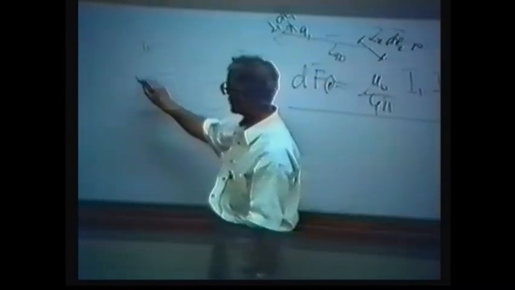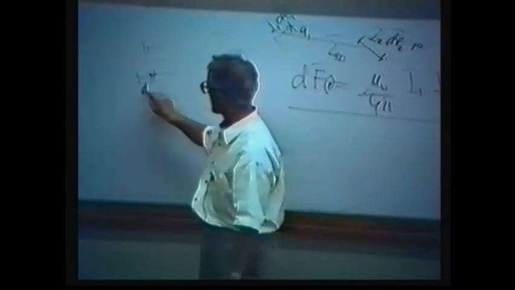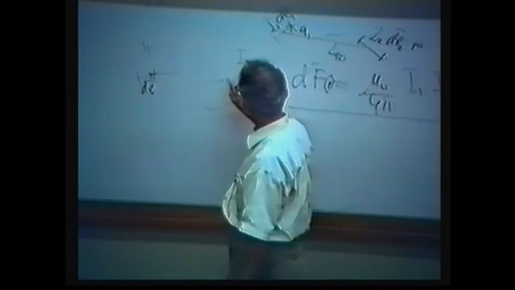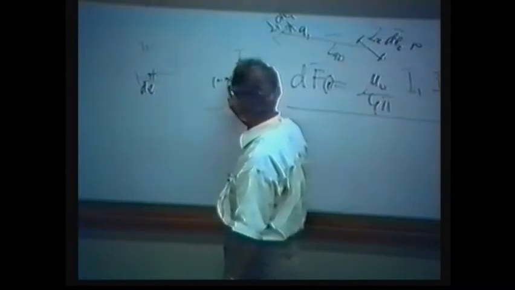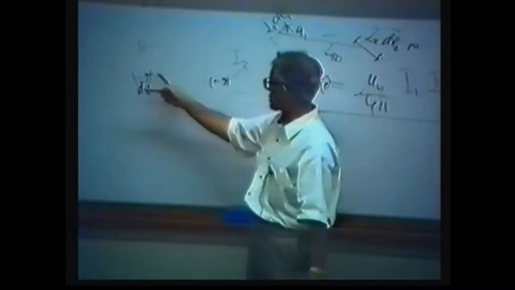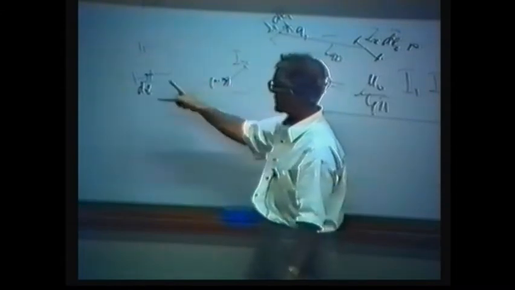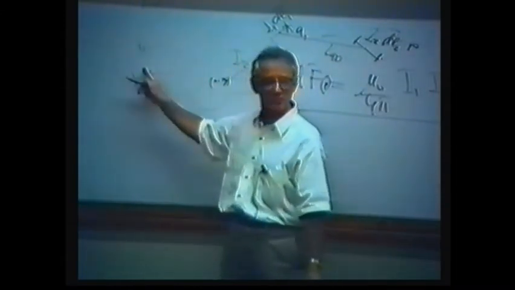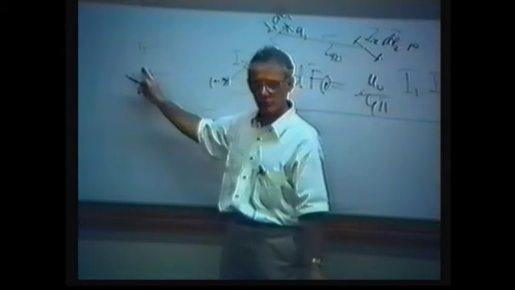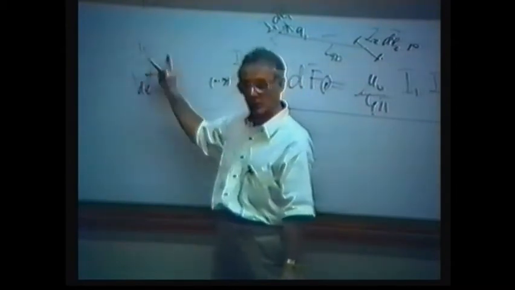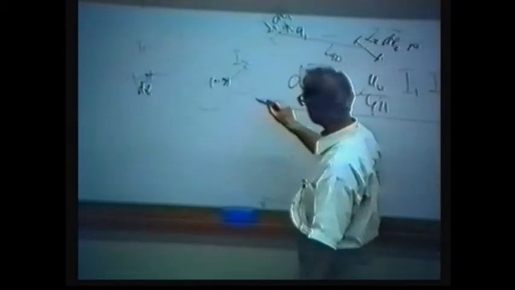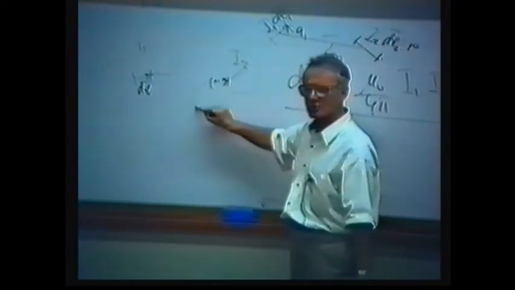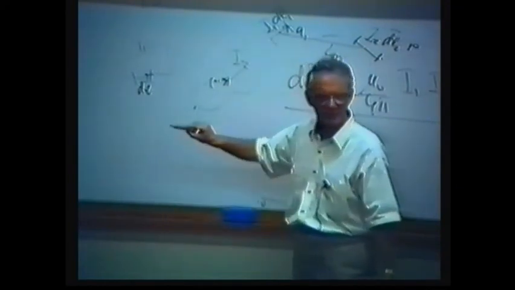For instance, you take one element, dl, calculate the force, take another element, find the force according to Ampere's law, then perform summation, find the force caused by all other elements. Then take the total force, double integration.